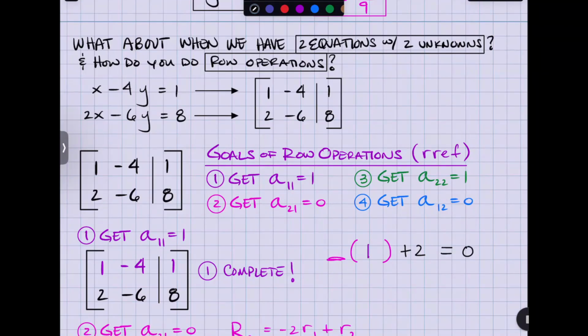And if the answer is -2, okay, so it would be -2. Where did 1 come from? 1 came from row 1, plus where did 2 come from? It came from row 2. So that's going to be my new row 2.